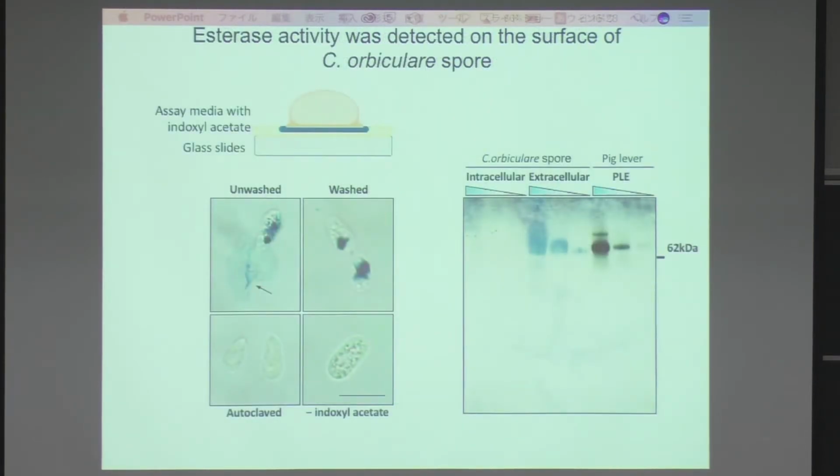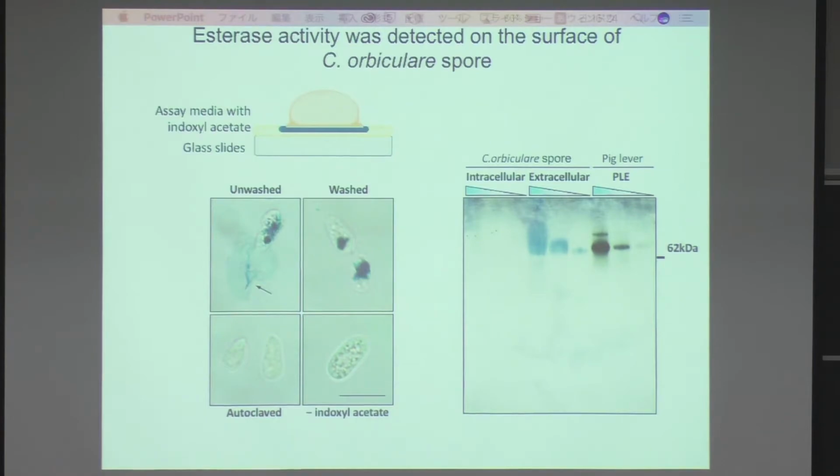Firstly, we checked the surface esterase activity by using indoxyl acetate as a substrate. We were able to detect the esterase activity on the unwashed spore, but not the washed spore. In this figure, the spore is removed from the attachment site. Below the attachment site, the crystal was observed. This is the autoclaved and minor substrate control.